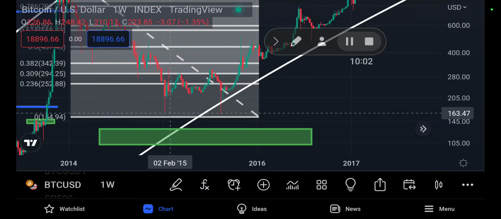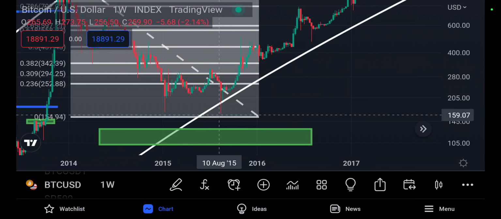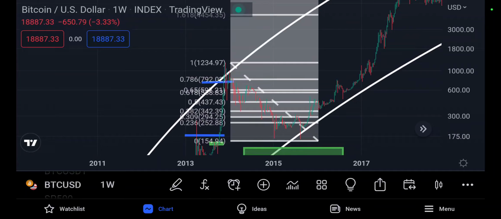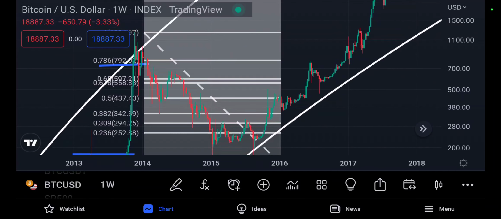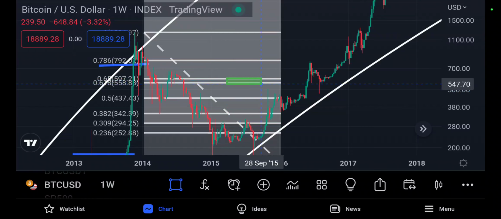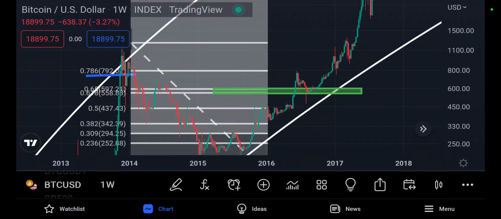So this price right over here, this wick is sitting at $168, and this wick right here is sitting at $161. It's technically a double bottom. We look at the 0.618, this range over here, and we wait for the breakout.